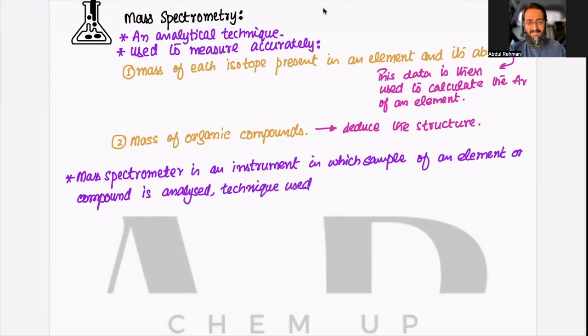The technique used is called mass spectrometry.